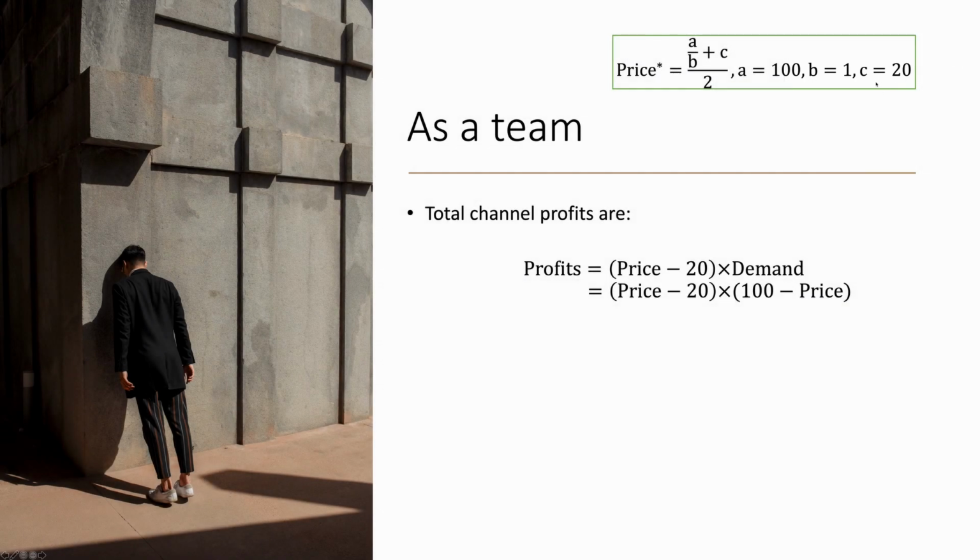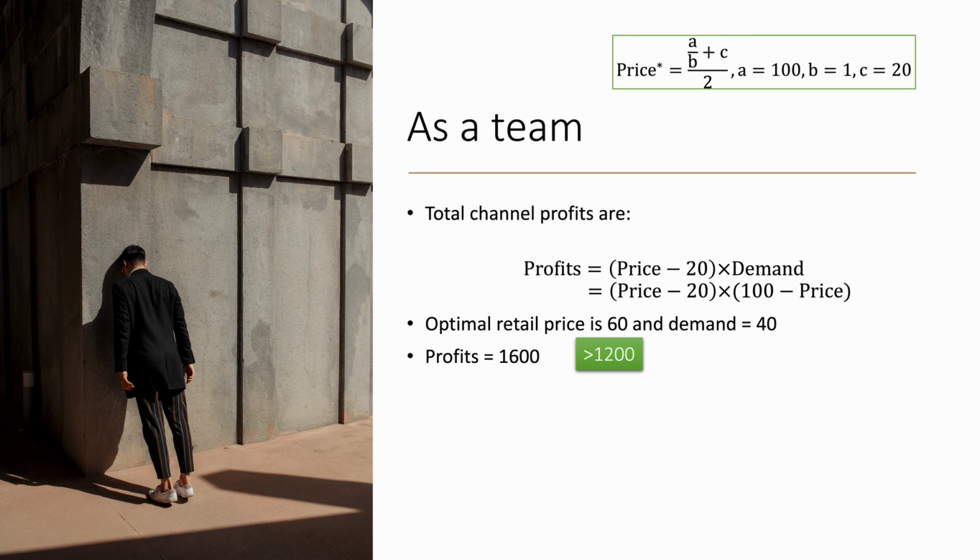If we substitute these numbers in, the optimal retail price is $60, and the demand at the optimal retail price level is 40. So the total profit in this case is $1,600.